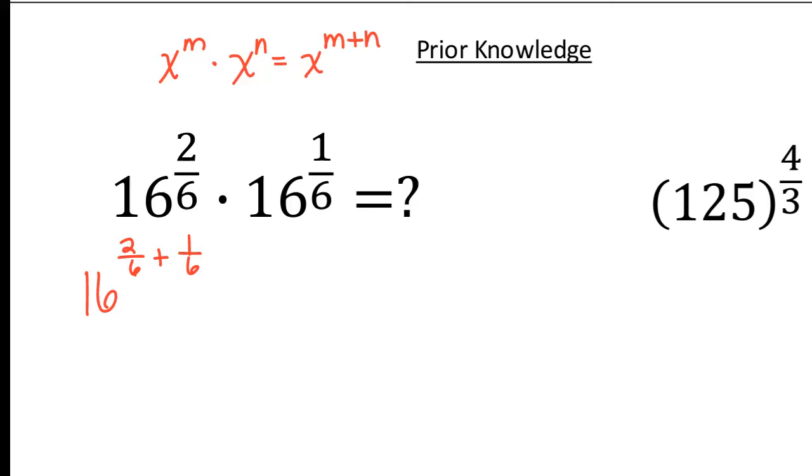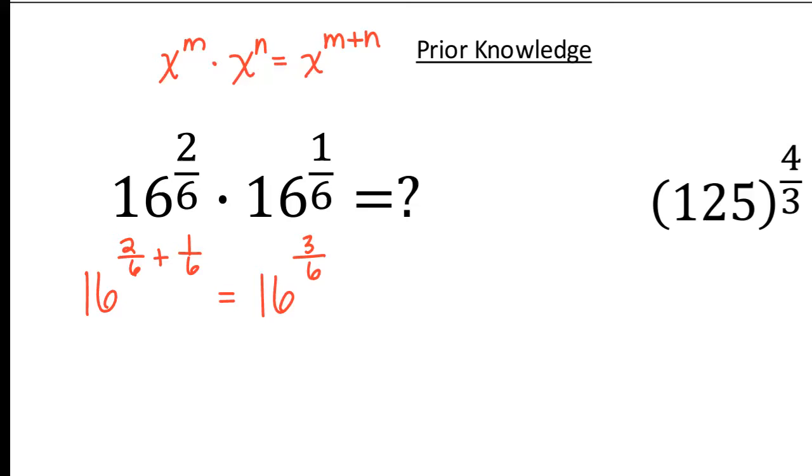We would add the exponents. How do we add fractions? Do I also add the denominators? No. The denominator stays the same, right? You only add the numerators. So 2 plus 1 is 3 over the denominator stays the same, 3 over 6.